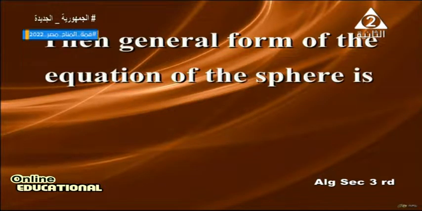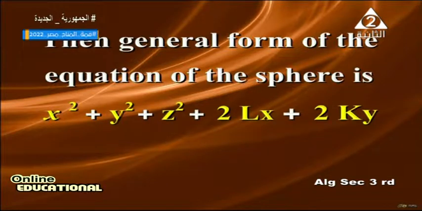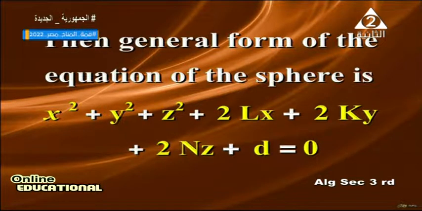General form of the equation of a sphere equals x squared plus y squared plus z squared plus 2Lx plus 2Ky plus 2Nz plus D equals 0. What is the center?